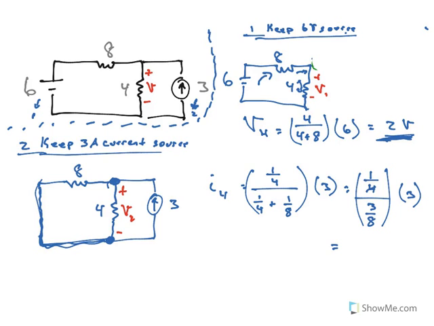Let's see, this makes this a 2, this is a 1, so this gives me 2 amps. So I know the current running through this resistor is 2 amps. I just calculated that. Why did I do that? Because what I want is the voltage on this guy is going to be his current times his resistance. Well, his current is 2. His resistance is 4. So his voltage must be 8.